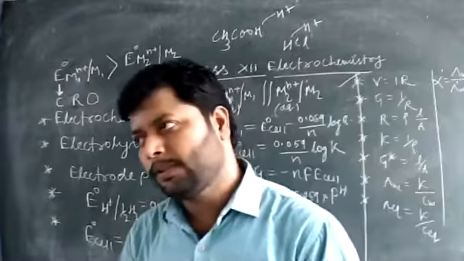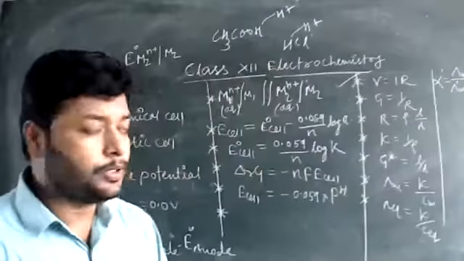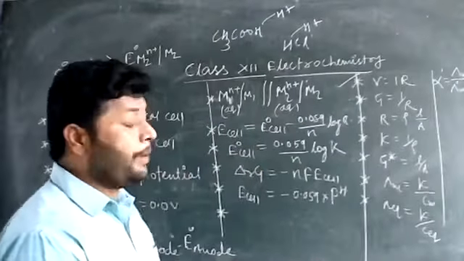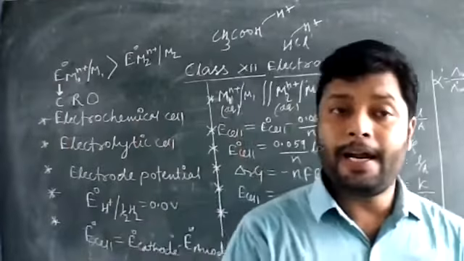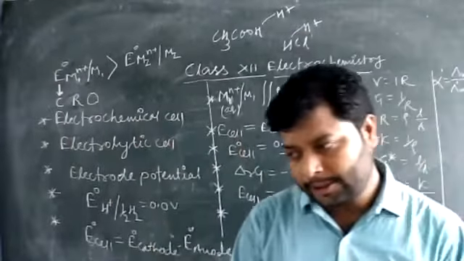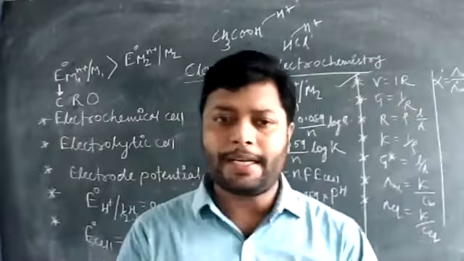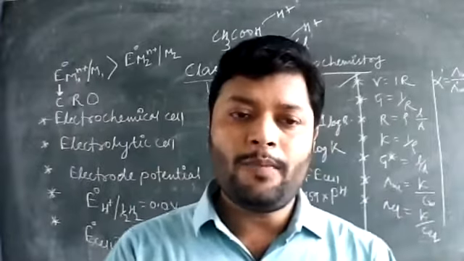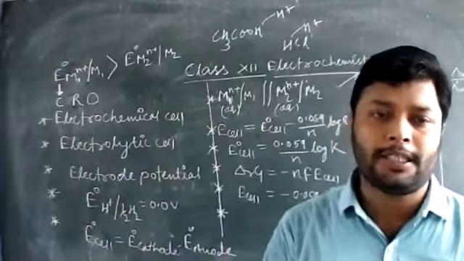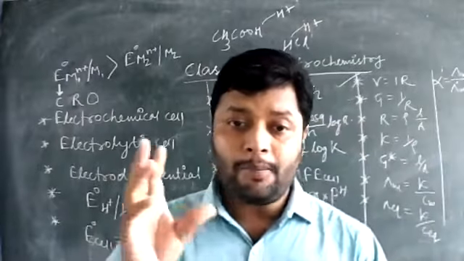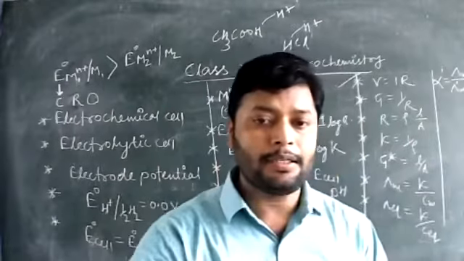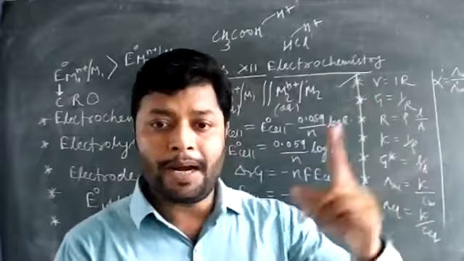Next thing is about Faraday's law of electrolysis. Class, when we are going for an electrolytic reaction, this is all about the chemical reaction occurring in the electrolyte on passing electricity.